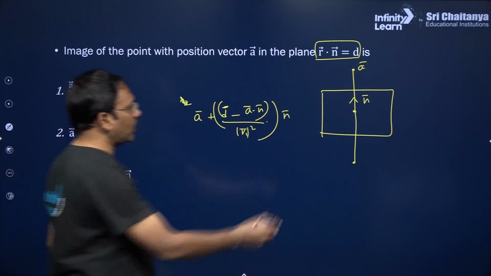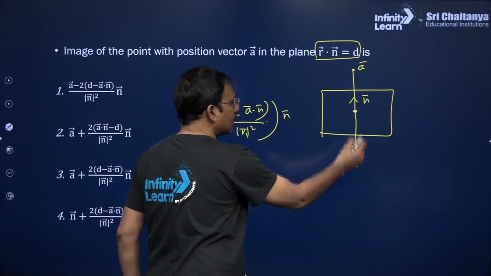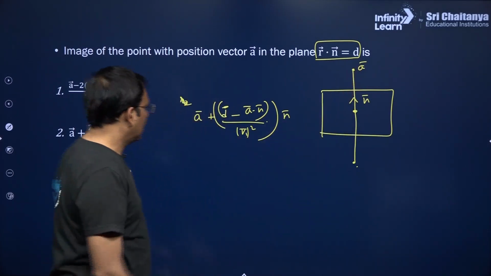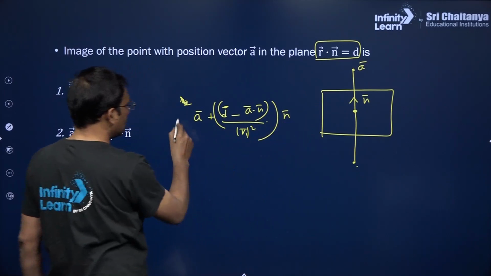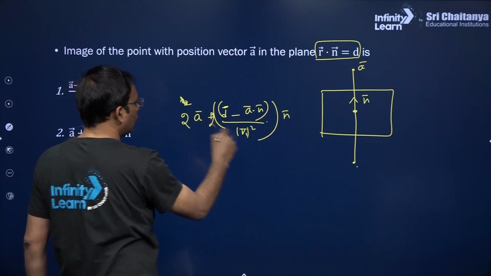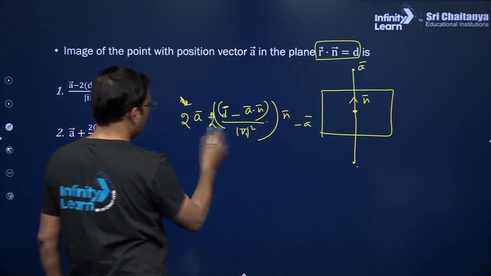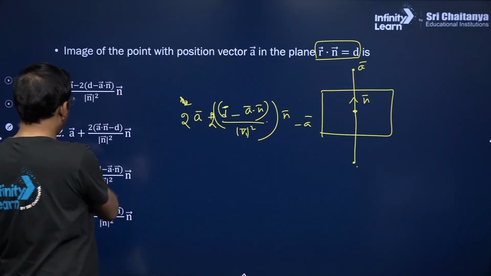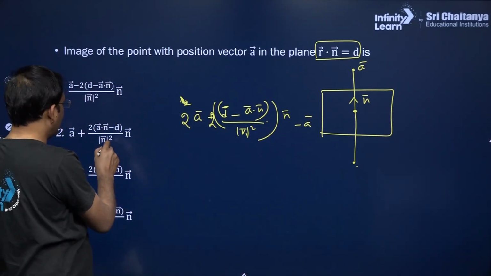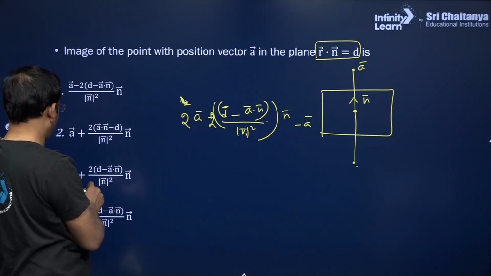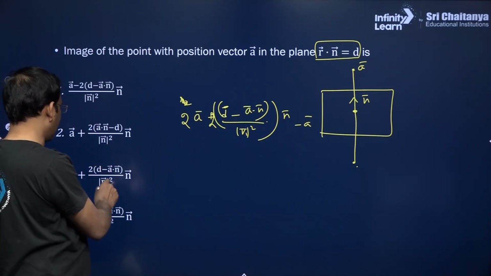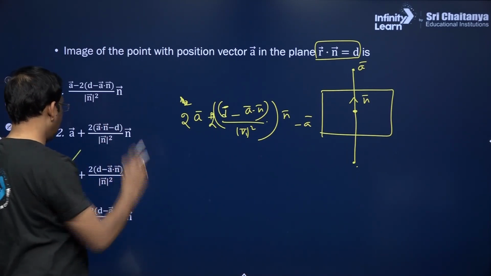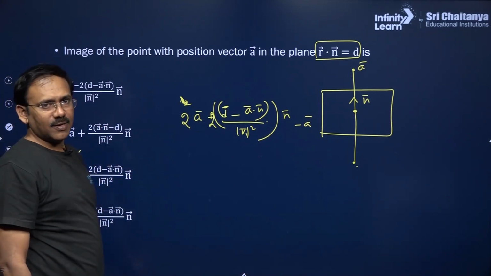Now, once you know the foot of the perpendicular, image is nothing but double of this and subtract. Double of this means multiply this with 2, because midpoint of these two is this, that is 2 times foot minus a bar. Finally, you are going to get a bar plus twice of (d minus a bar dot n bar) by magnitude of n bar square into n bar. That is all, my dear friends.